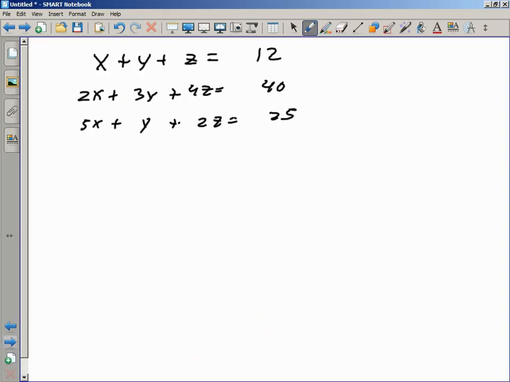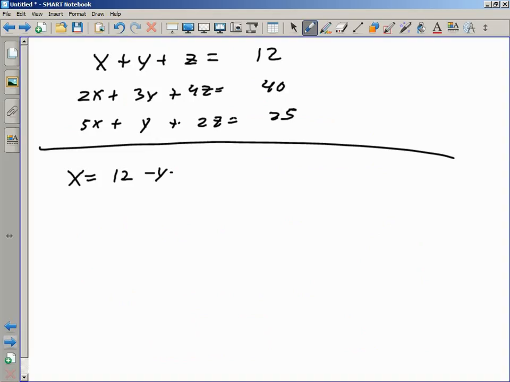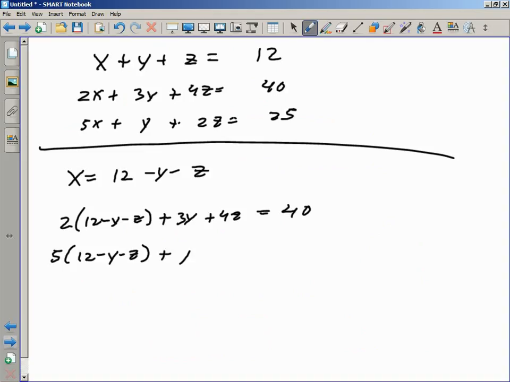I could say x is equal to 12 minus y minus z, right? And then I say 2 times (12 minus y minus z) plus 3y plus 4z is equal to 40. And then 5 times (12 minus y minus z) plus y plus 2z is equal to 25, right? That's what I would do. I'd go in and rewrite it.